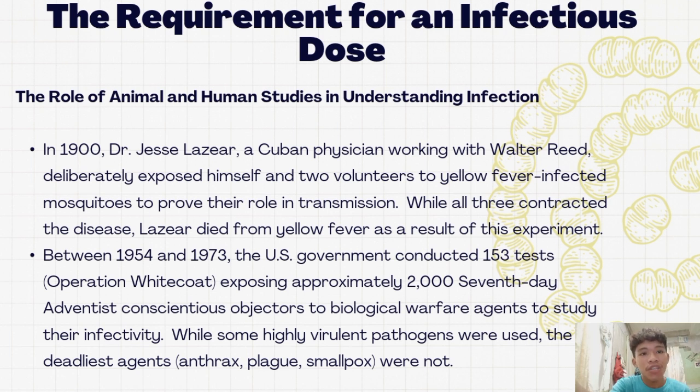Ayan, it mentioned a US government study, Operation White Coat, between 1954 and 1973. Around 2,000 people who refused military service for religious reasons volunteered to be exposed to different germs to see how infectious they were. The deadliest germs, yan, the anthrax, plague, and smallpox, were not used in this study.